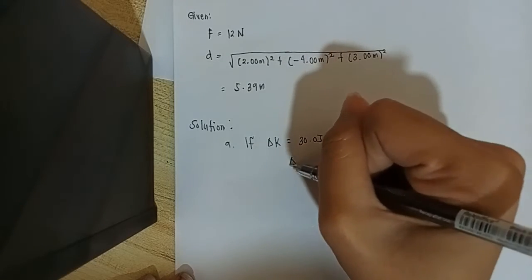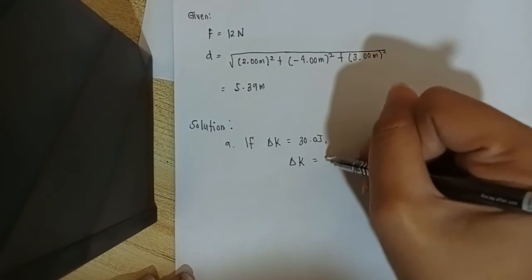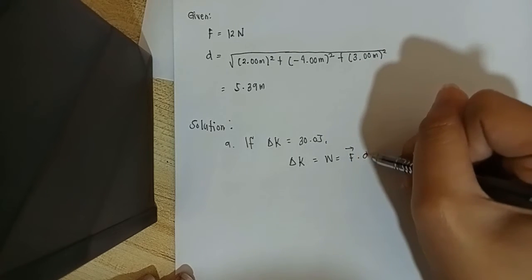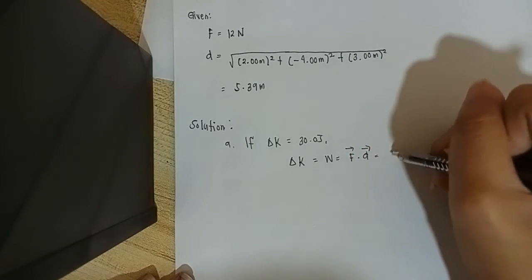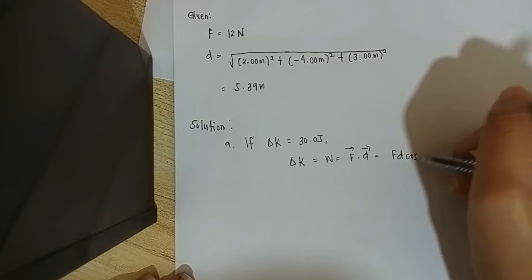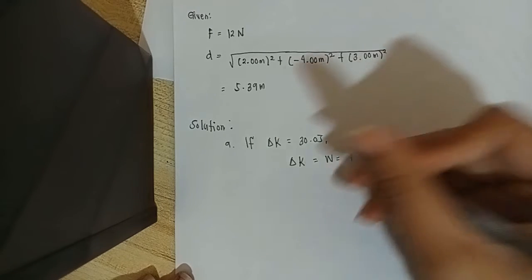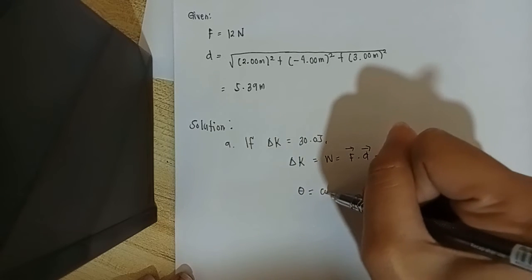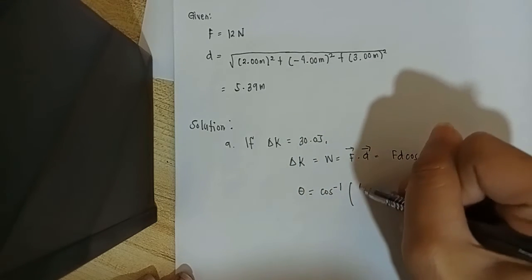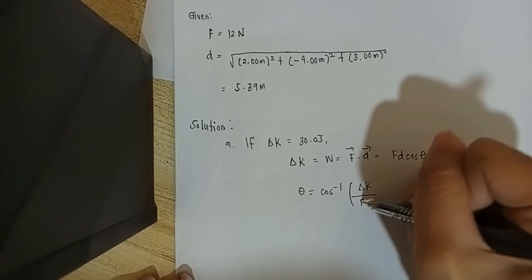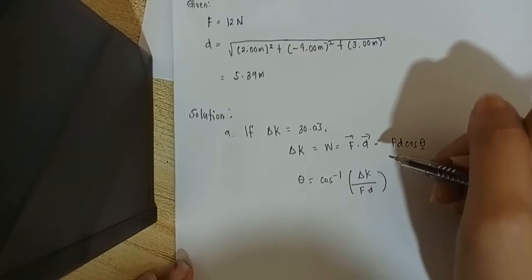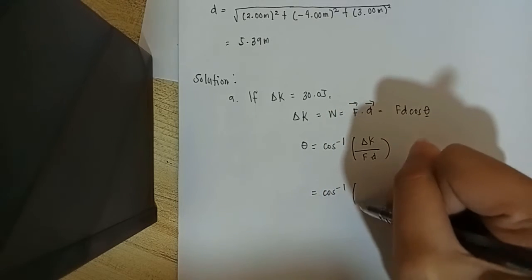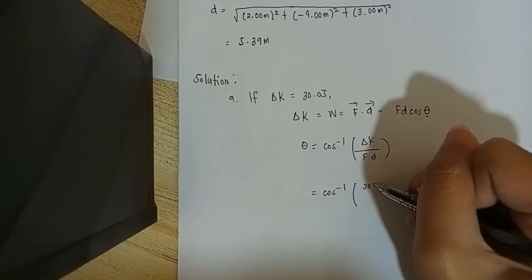So if our kinetic energy is 30 joules, we know that kinetic energy is equal to work, and work is equal to force multiplied by displacement multiplied by cos theta. So in order to solve for theta, we have arc cos of the kinetic energy over force multiplied by displacement.